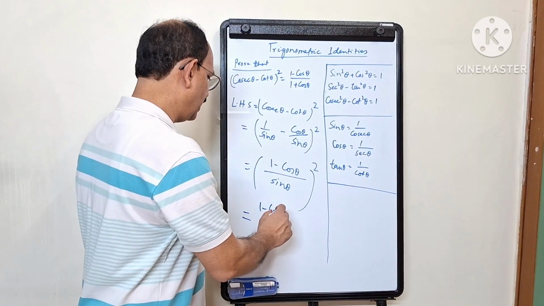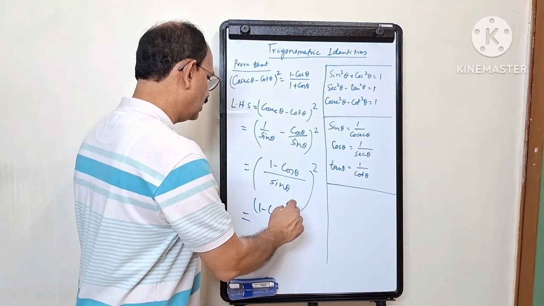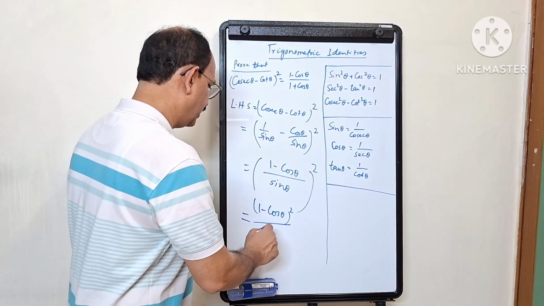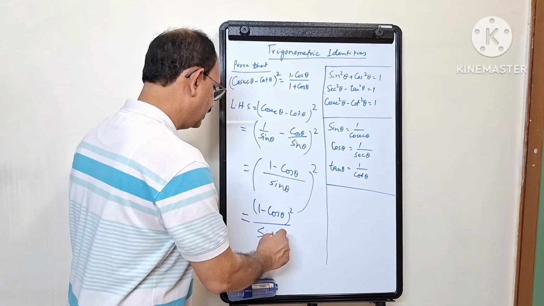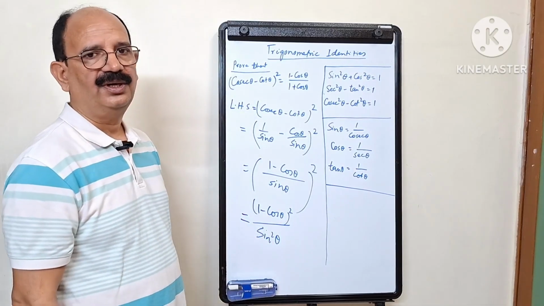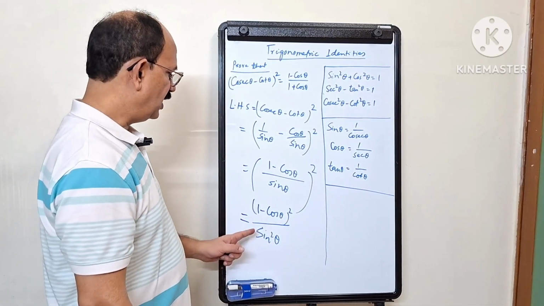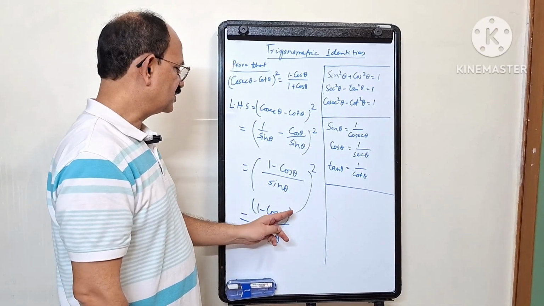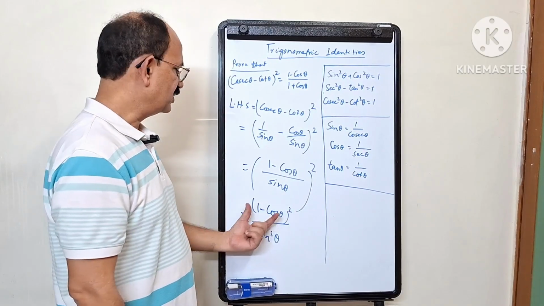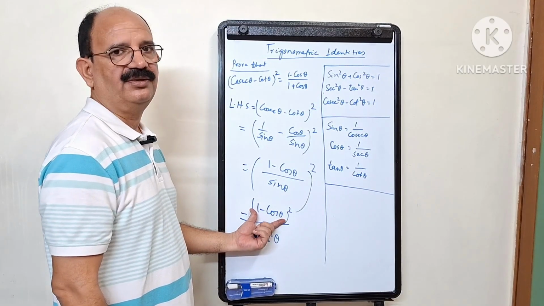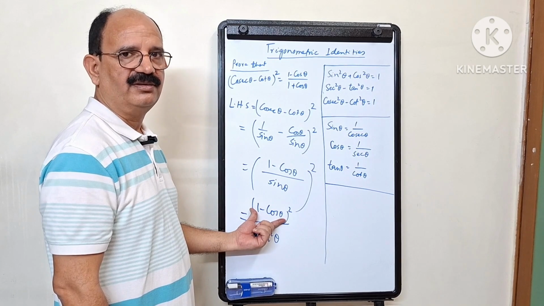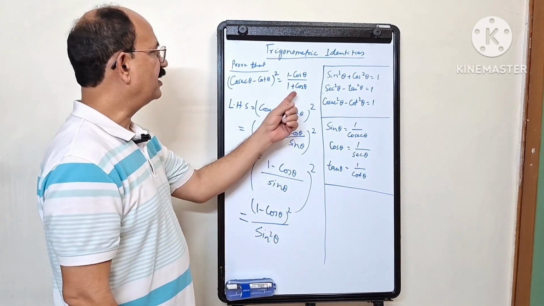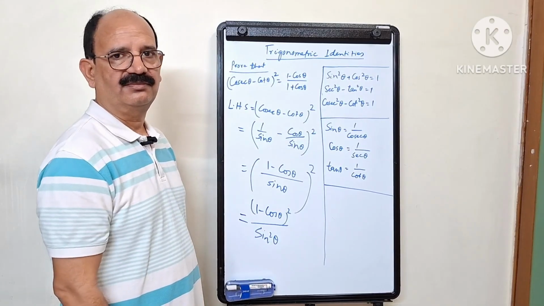This becomes 1 minus cos theta the whole square, and the lower term can become sin square theta. Now I have to play with this so that the square term goes. So it is only 1 minus cos theta in the numerator, and in the denominator I need to get 1 plus cos theta.